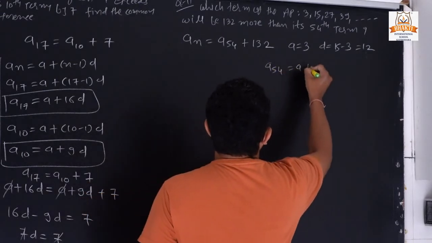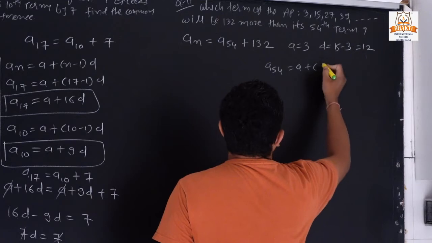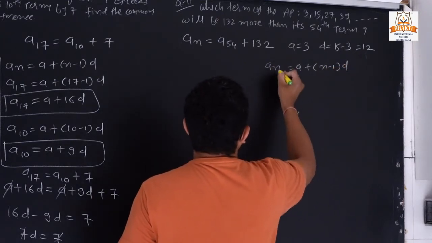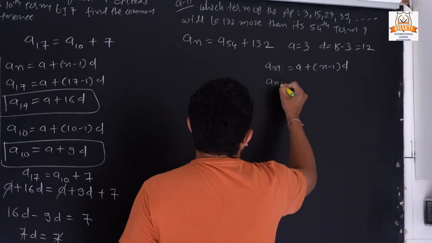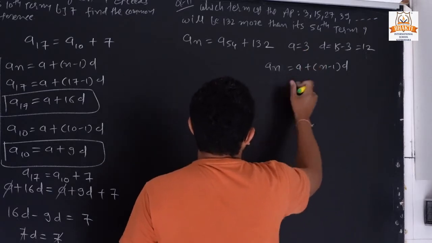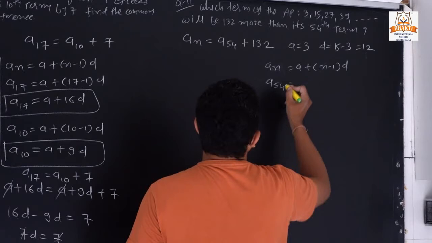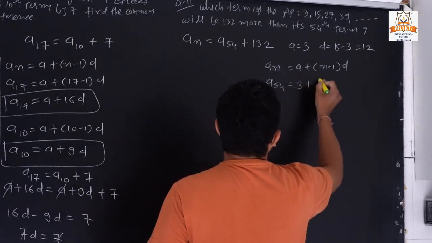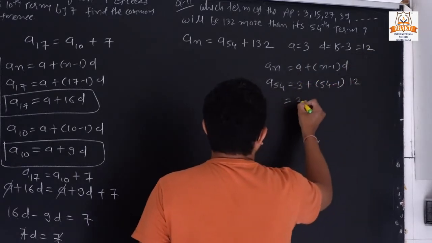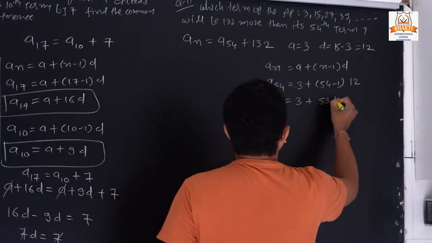Now next, suppose I want to find out the 54th term. So a plus n minus 1 into d. An is equal to, a is replaced with 3, and for A54, n is 54 minus 1, and d is equal to 12. So it is 53 into 12.